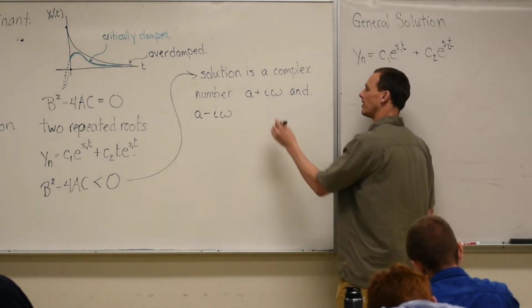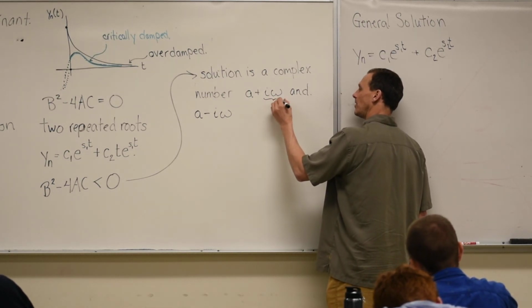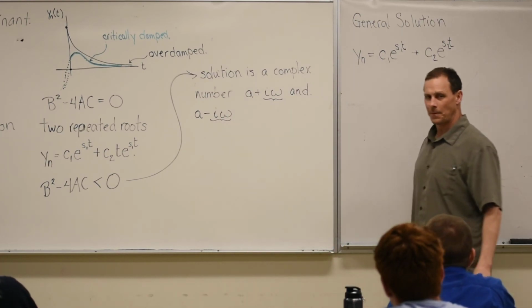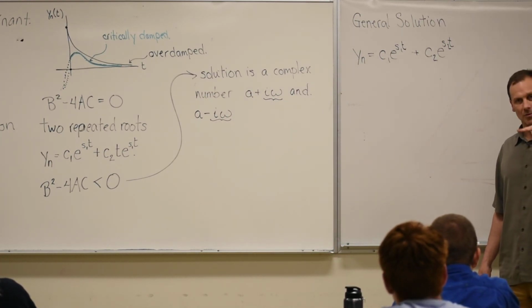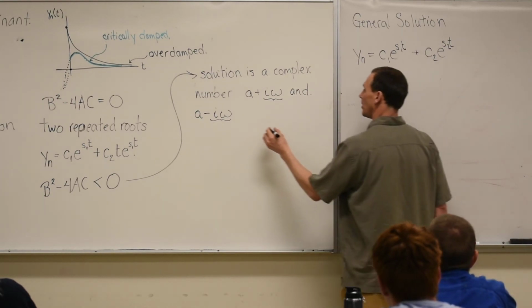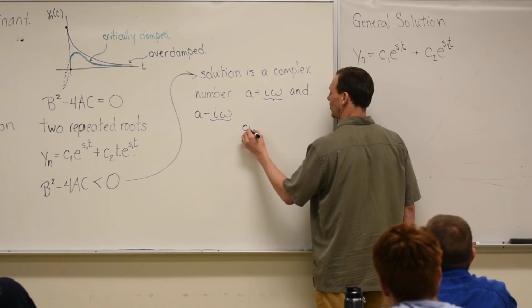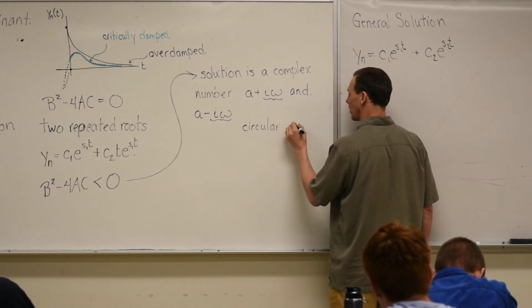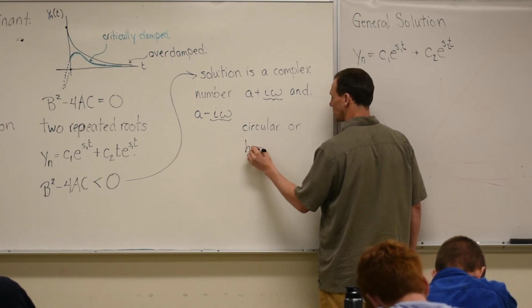What is this? This i omega, what does it introduce to the solution, though? It introduces circular motion. It introduces sine and cosine into the problem. So this is circular or harmonic motion.